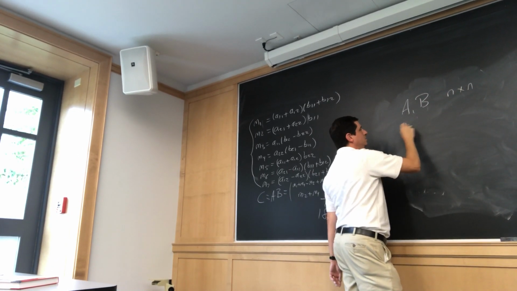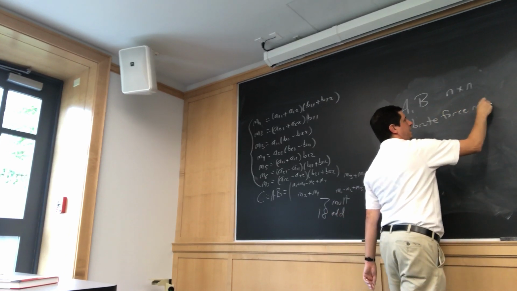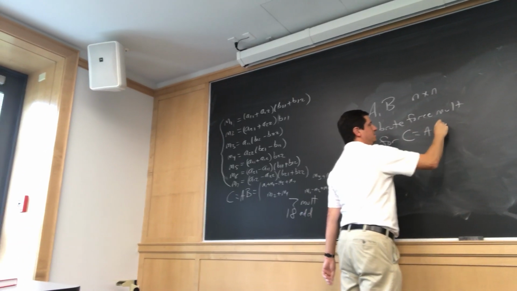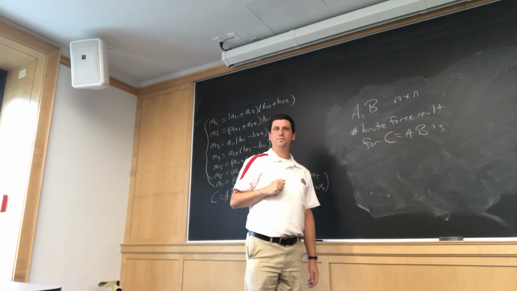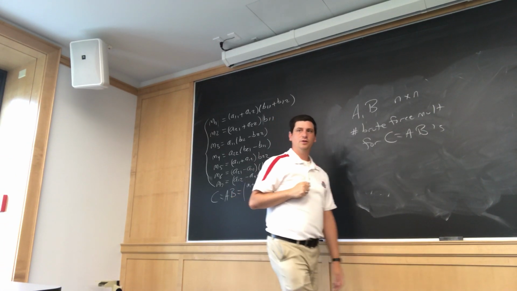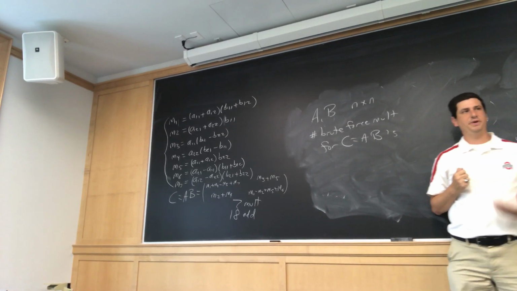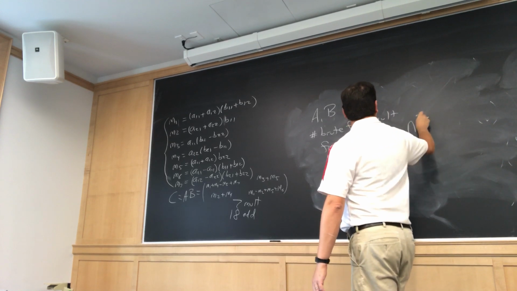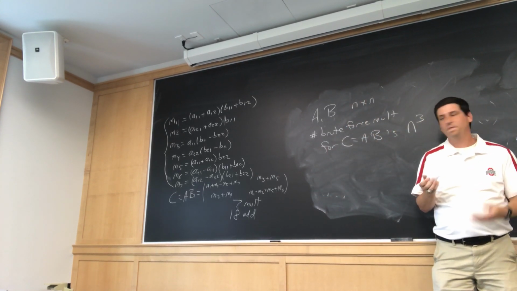So the number of brute force multiplications for C equals AB is what? If I wanted to multiply two n by n matrices, how many multiplications would that be? It would be n cubed. It's n multiplications to get each entry. I have n squared entries.